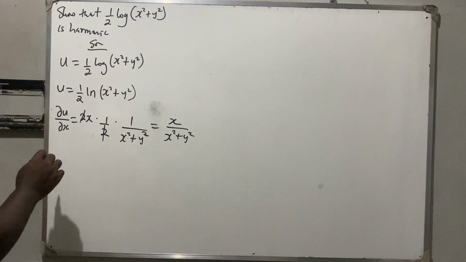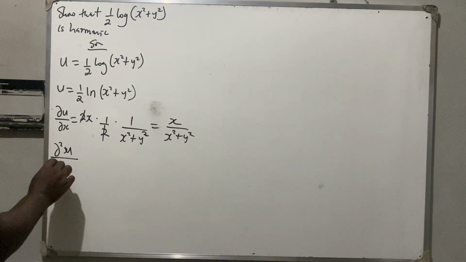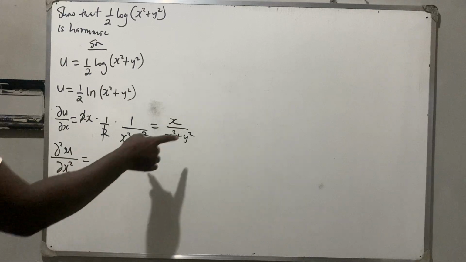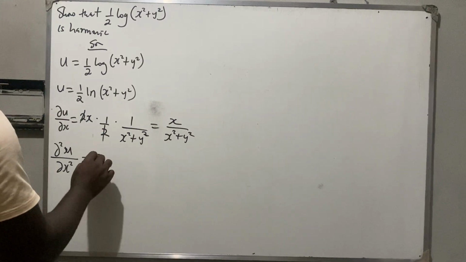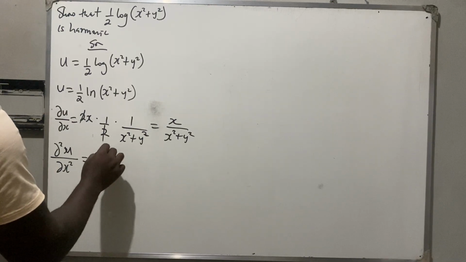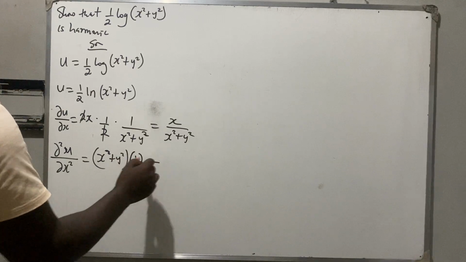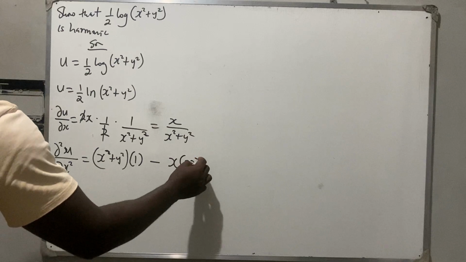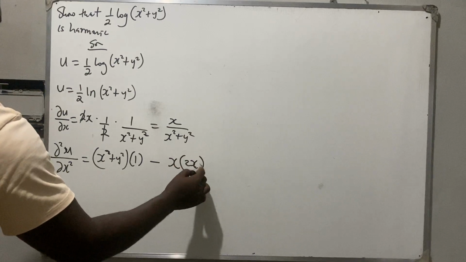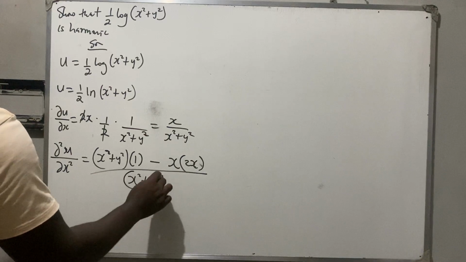Okay, so let's take the second derivative. Partial squared u over partial x squared is equal to the second derivative. We'll now use the quotient rule. Quotient rule says leave the denominator, which is x squared plus y squared, differentiate the numerator, you have 1, minus, leave the numerator x, differentiate the denominator, you have 2x, then all over the denominator squared, x squared plus y squared, all squared.